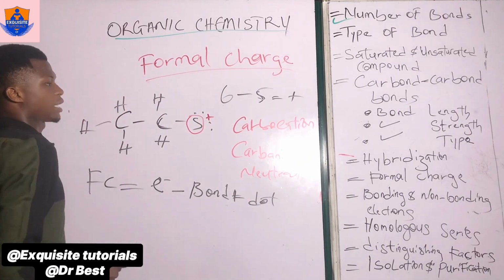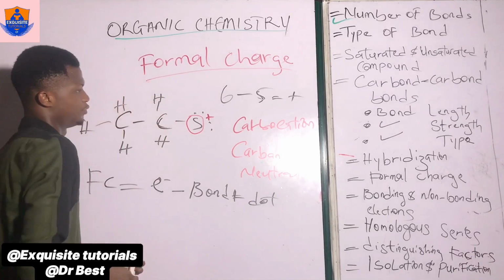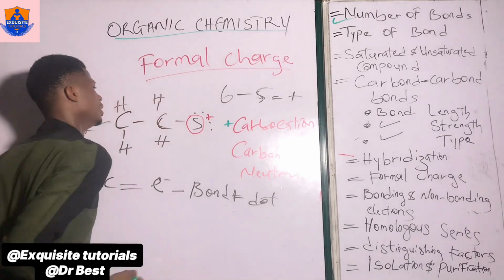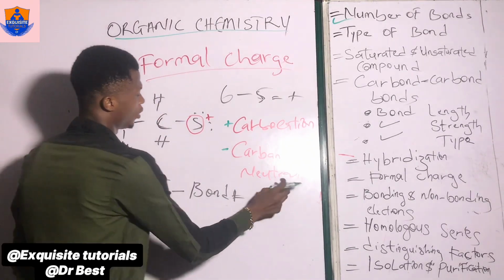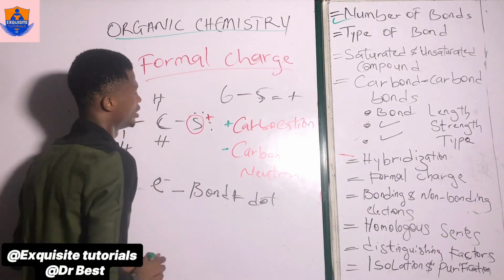Now, a carbocation is a carbon that has a positive formal charge, from the word cation. A carbanion is one that has a negative formal charge, and a neutral or a radical carbon is the one whose formal charge is neutral.